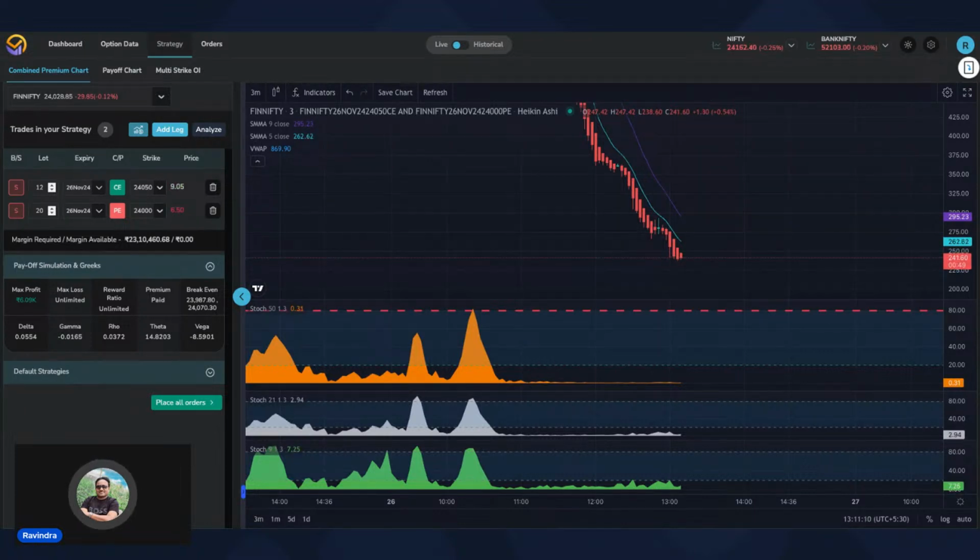As of now, Nifty is in the zone of 24,050 and 24,000. But yeah, anything can happen.